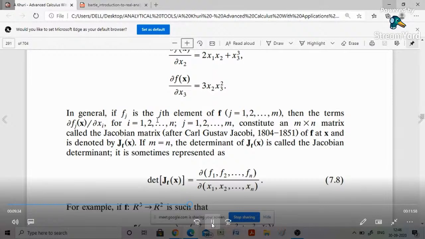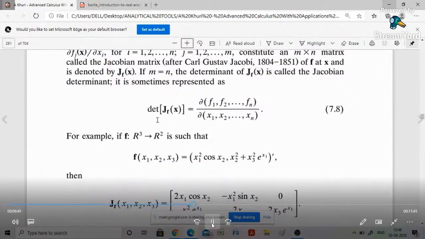So this is the Jacobian matrix, and the determinant of that matrix is usually called Jacobian determinant. For simplicity, instead of writing it in matrix form, we can write it as ∂(f1, f2, ..., fn)/∂(x1, x2, ..., xn).